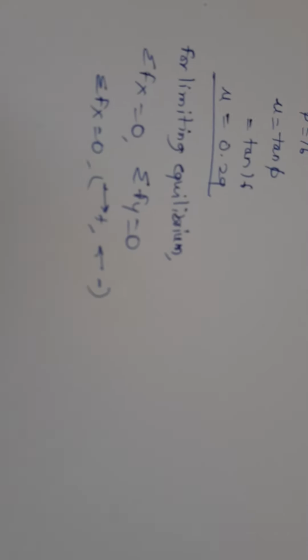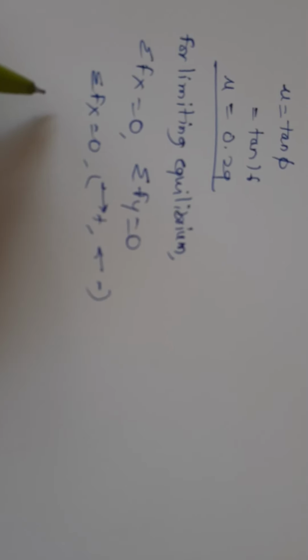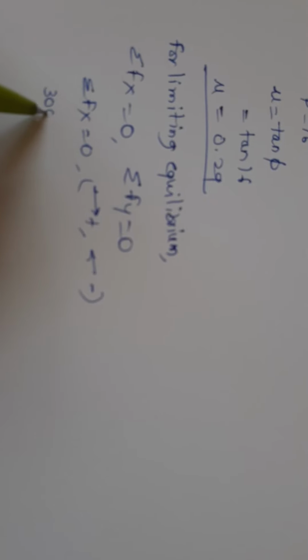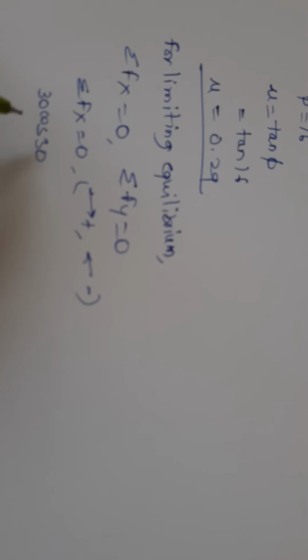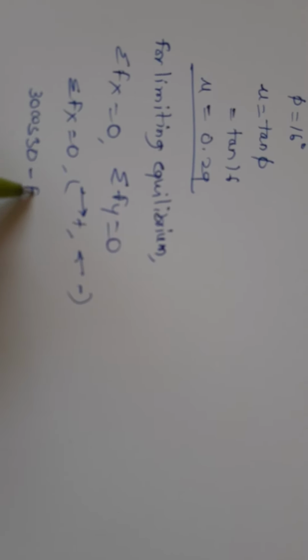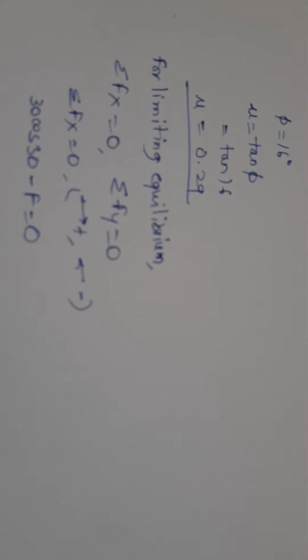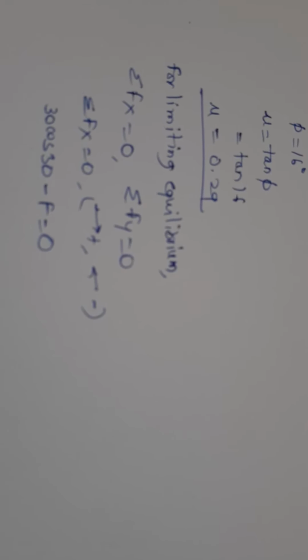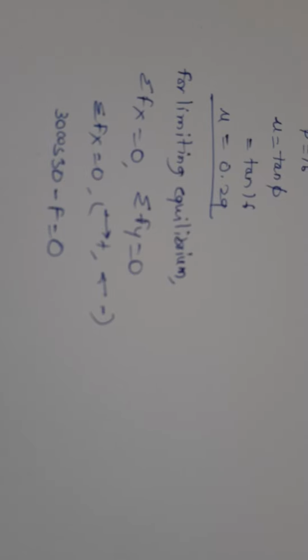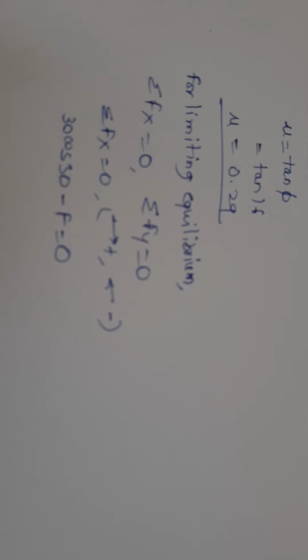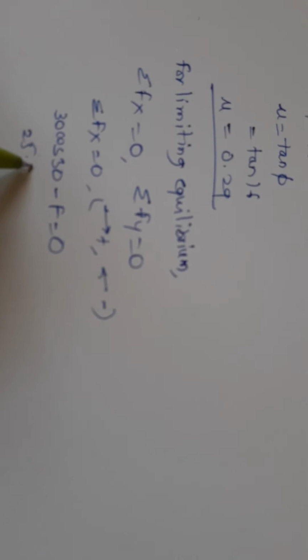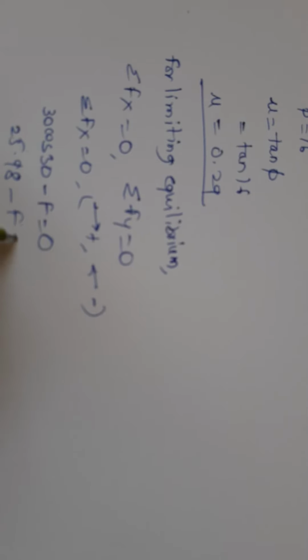We can write that here 30 cos 30 is in forward direction, that's why 30 cos 30 is positive. F is in backward direction, that's why it is negative. 30 cos 30 minus F equal to 0. Now this 30 cos 30, if we calculate in calculator, it will be 25.98 minus F is 0.